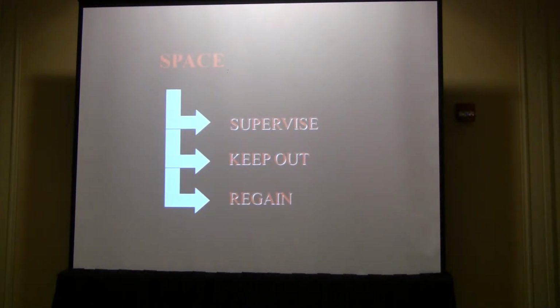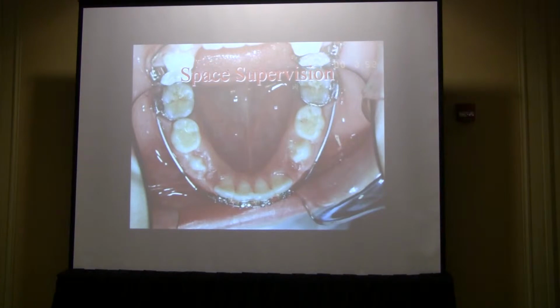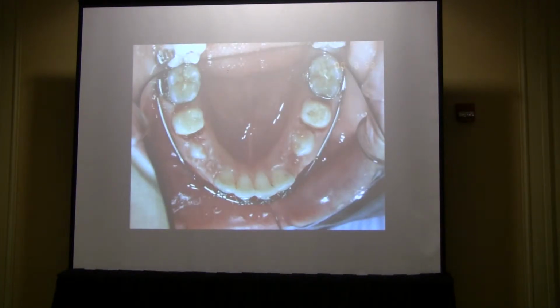Also, we must remember that in development of the occlusion, 2 processes are involved, the dental adjustment and the skeletal adjustment. Here we must point out once again the importance of the 4th dimension in a therapeutic system of possibilities, where we are able not only to intercept, but also anticipate the problem, making slices and using the E-space and preparing the way to receive the permanent teeth.